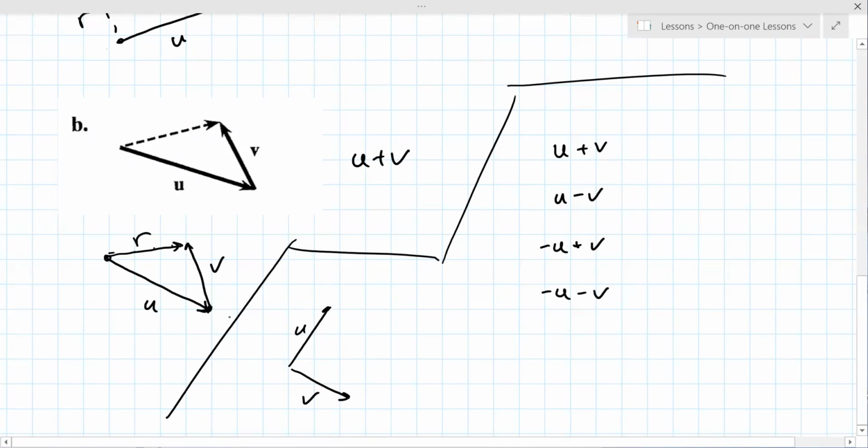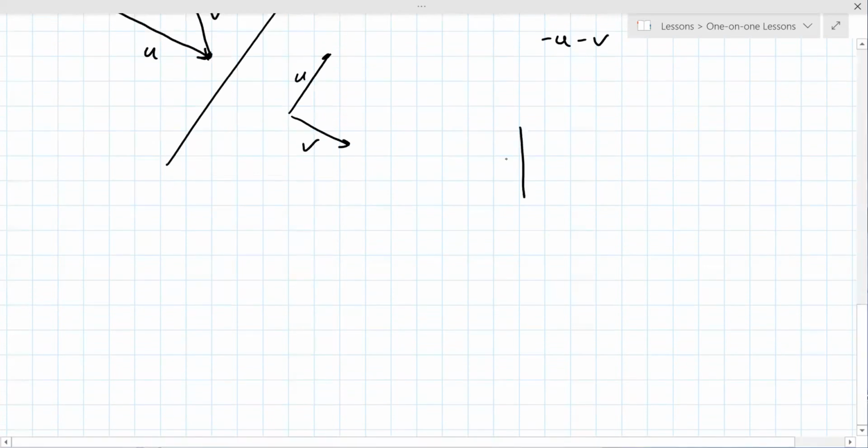So they would give you like minus u plus v, and you would have to draw that. Sure, but they could give you this picture, but more common is they just give you two vectors at the origin. Like they say that's u and that's v, and maybe you add them, maybe subtract them.